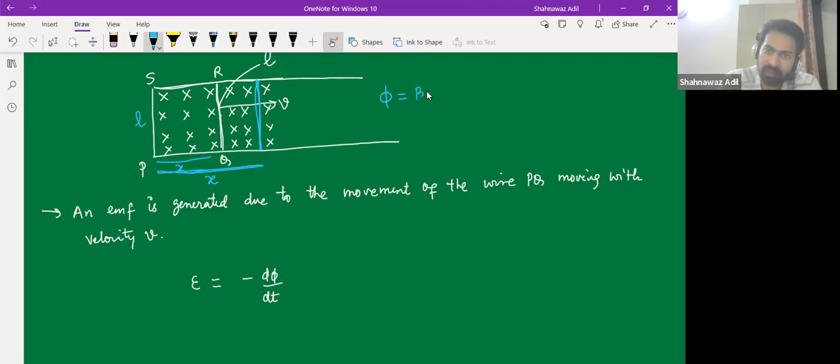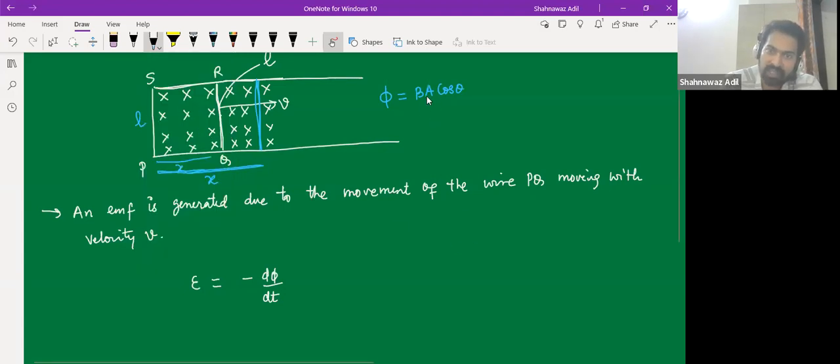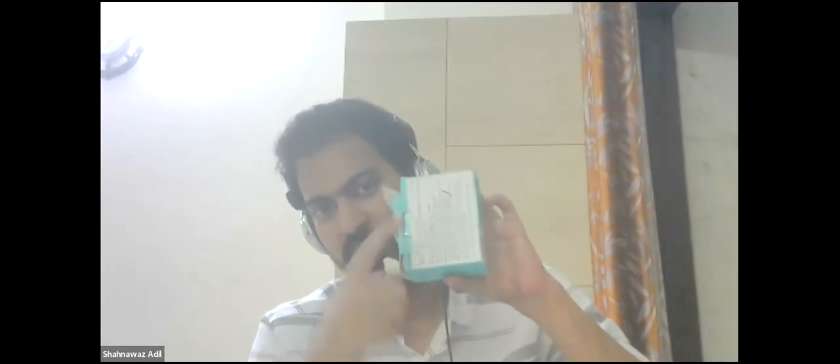This is the PQRS plane, so it is in this direction, inward or outward?